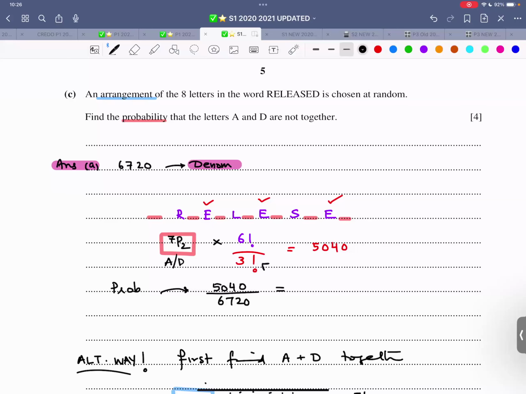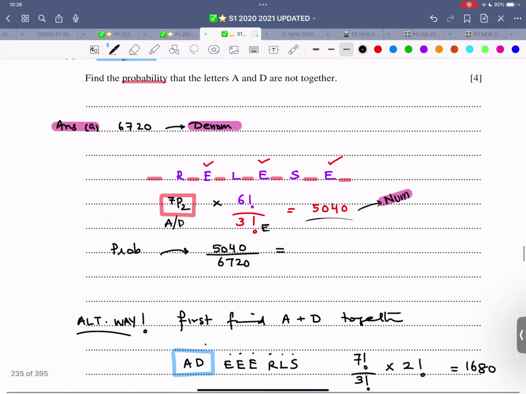Divide by 3 factorial for the E's. That comes out to be 5040. This is the numerator. And we already have the denominator. So 5040 divided by 6720, and you can further simplify it if you want to.